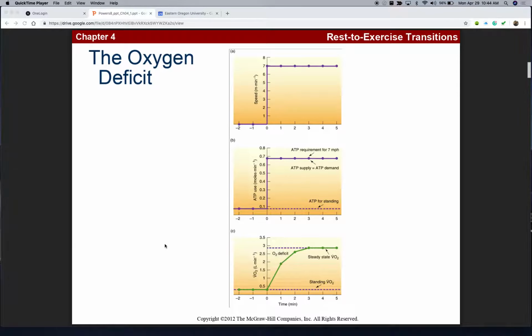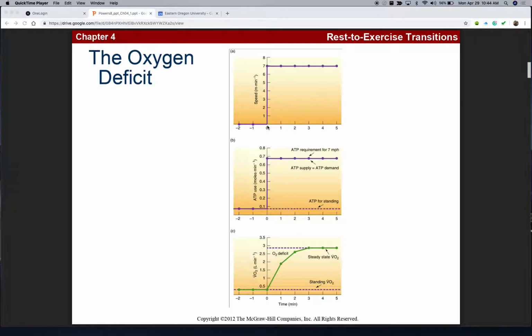Yeah. So here you go. If we go from 0 meters per minute, can you guys see this? You okay? Okay. If you go from 0 meters per minute to immediately running at 7 meters per minute, that occurred immediately, right?